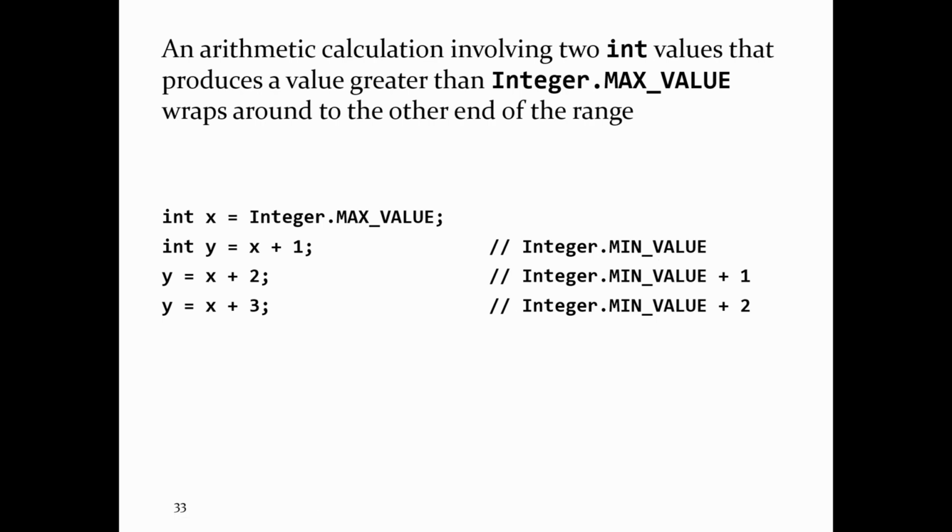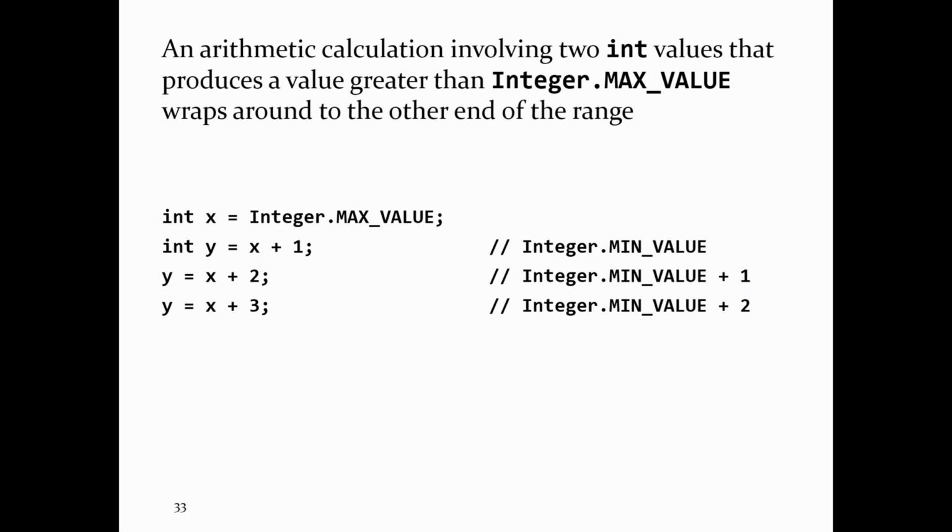When you start with the largest value and add 1 to it, you wrap around to the other side, and now you have the smallest int value. So I start with the largest int value and add 1, I get integer min value, and then add 1 more, that's integer min value plus 1, and so on.